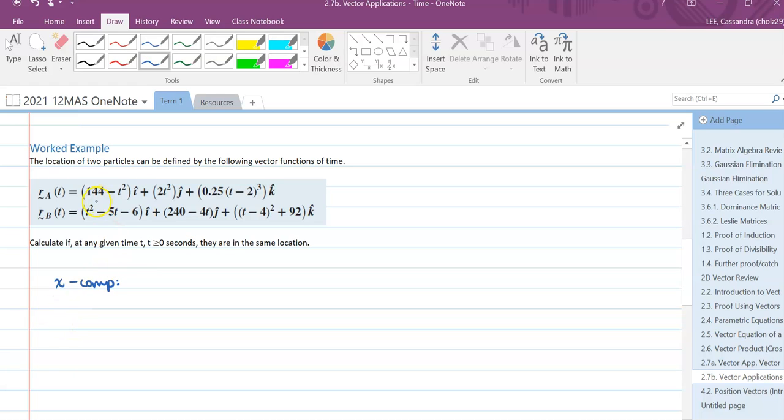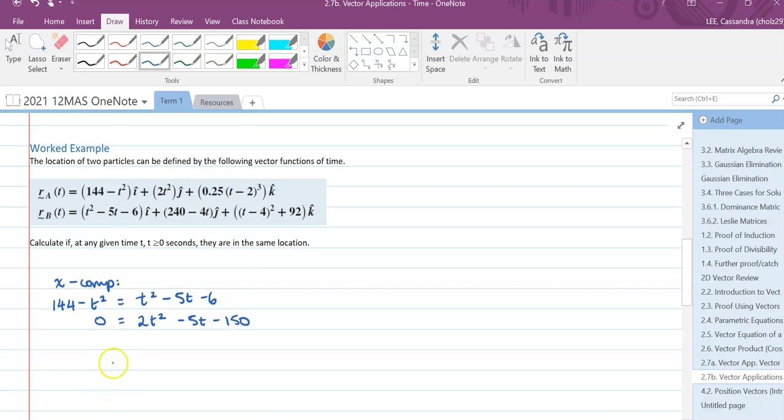So for my x components, looking at my first particle here, we have 144 take t squared is equal to t squared take 5t take 6. So rearranging this now, we get 2t squared minus 5t minus 150 is going to be equal to 0.